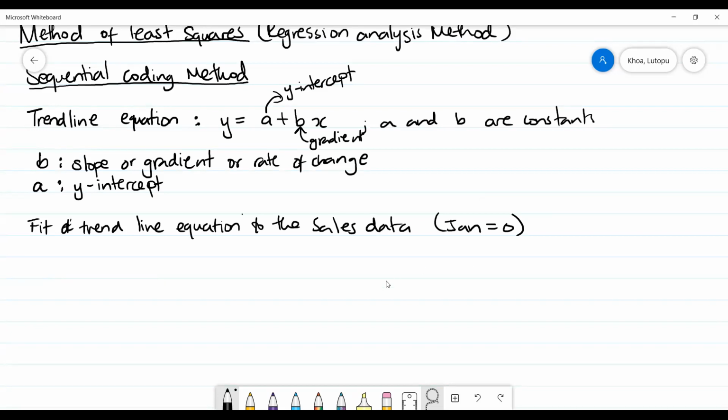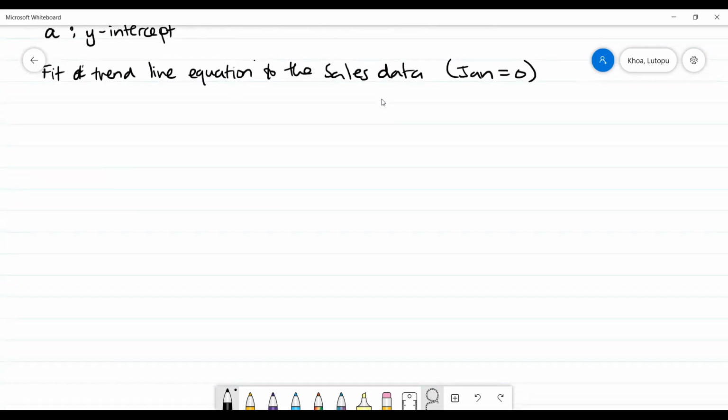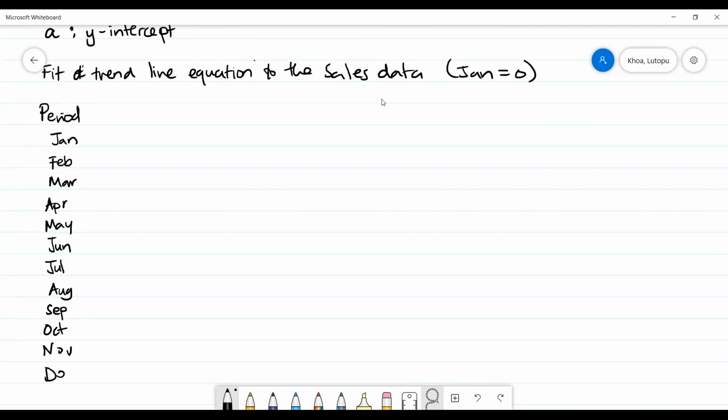So what we do is come up with a table. I will put the period here, and let's say this is the data we were given: January, February, March, April, May, June, July, August, September, October, November, and December.